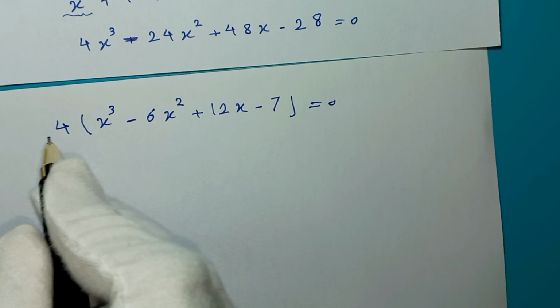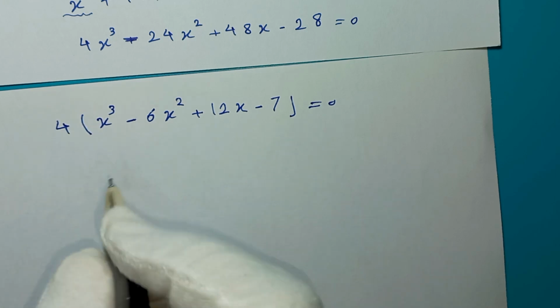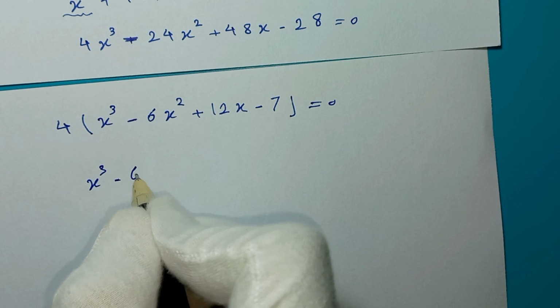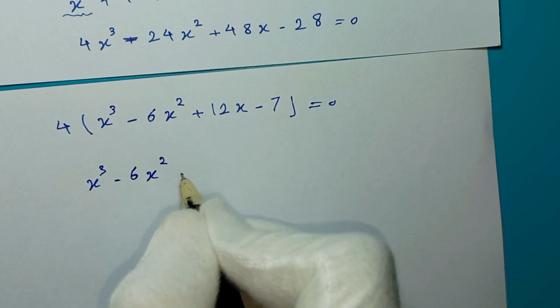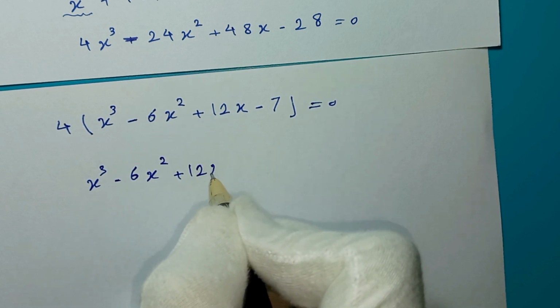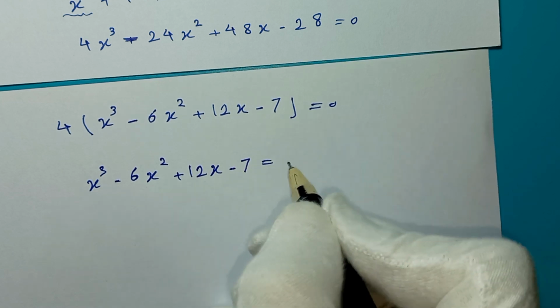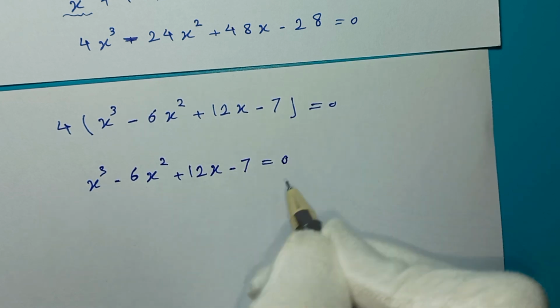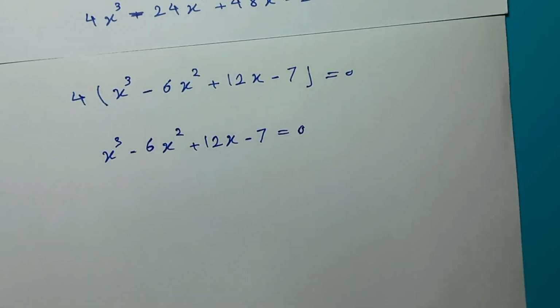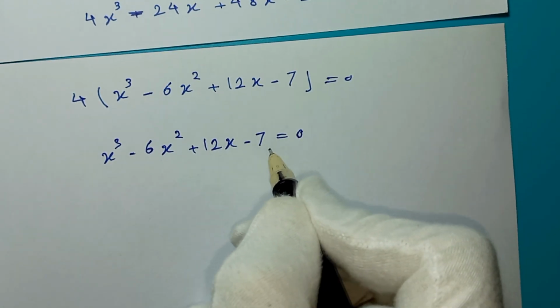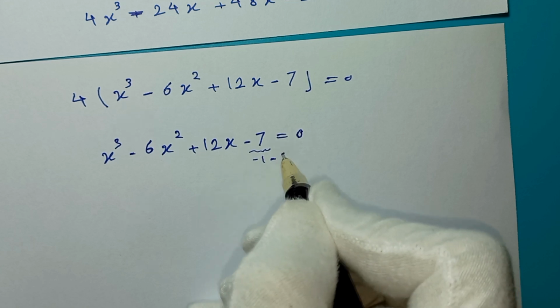So this equation by 4, this 4 will cancel, so it will be x cubed minus 6x squared plus 12x minus 7 is equal to 0, and 0 divided by 4 is also 0. The next step, we can write this minus 7 as minus 1 minus 6.